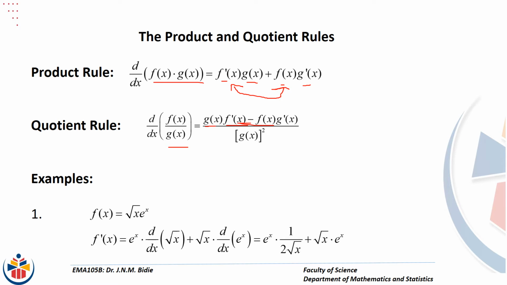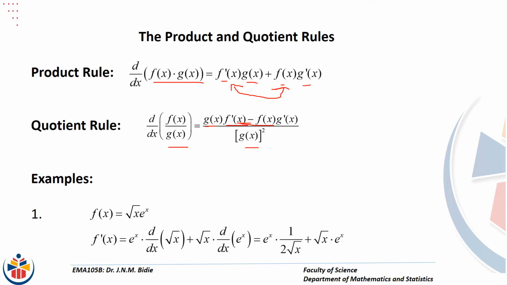That's what forms your numerator. All of that is divided by the denominator squared. So every time it's denominator up multiplied by the derivative of the numerator minus the numerator times the derivative of the denominator, divided by the denominator squared.